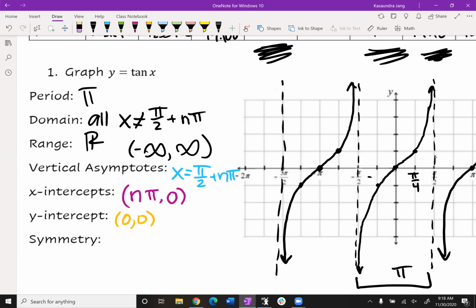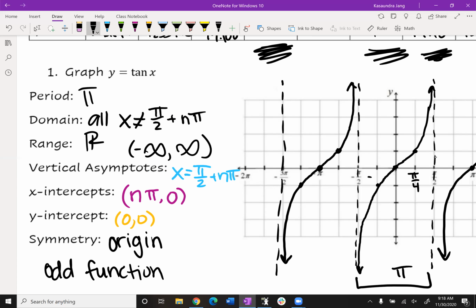All right, and the last bit of information here is the symmetry. It's symmetric about the origin. In fact, I'm going to also say that this is an odd function. We've talked about even and odd functions.